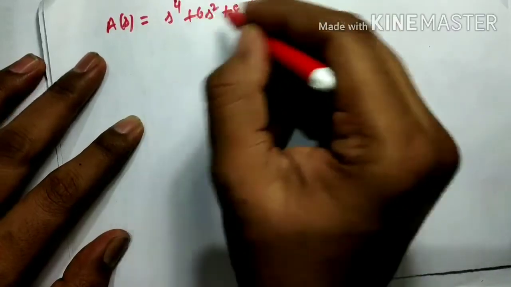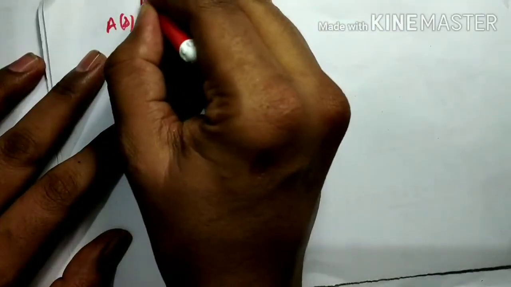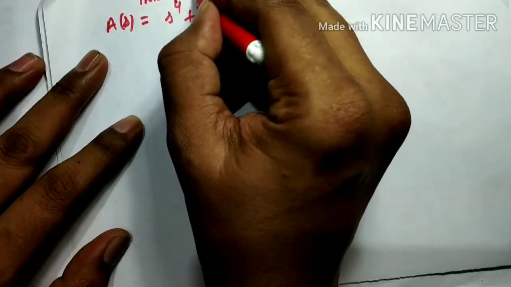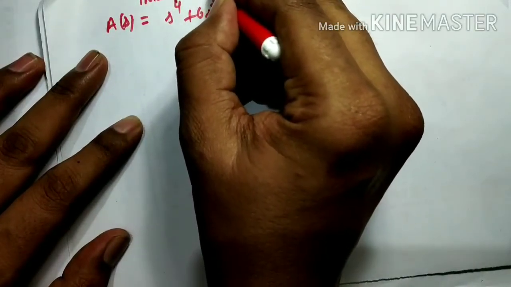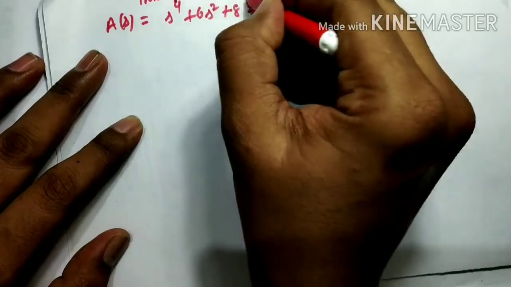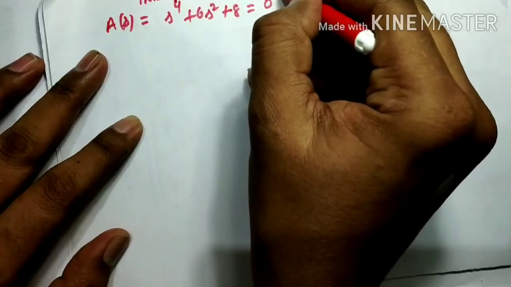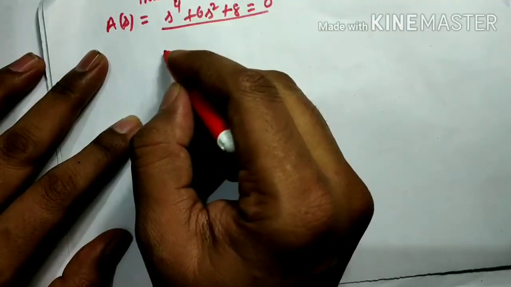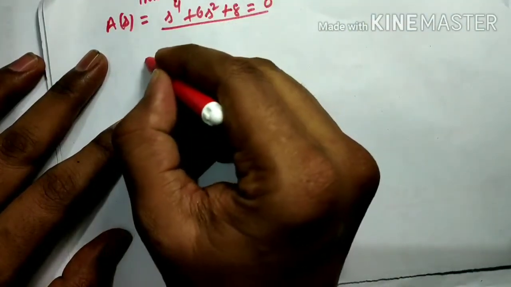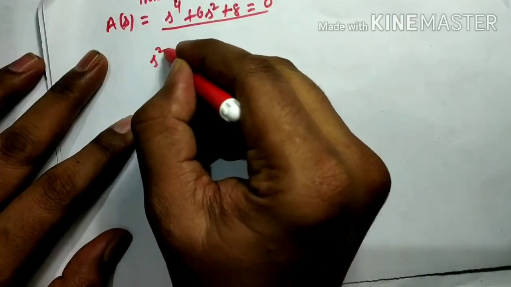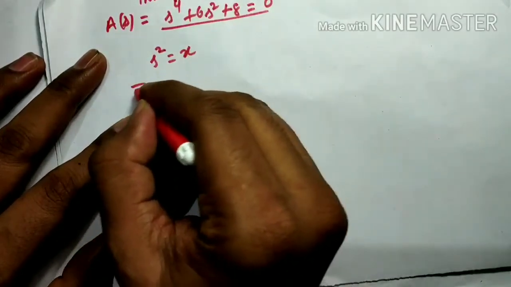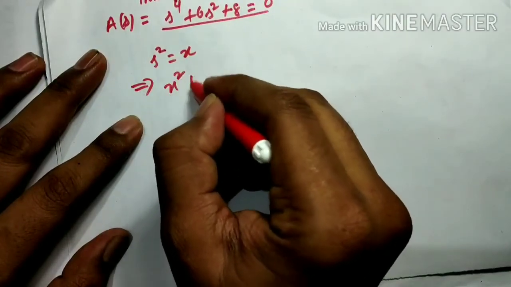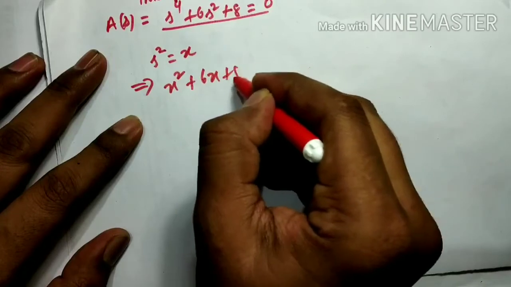This is the auxiliary polynomial equation. Now you have to find the roots for this. So I'm going to put s square equal to x, so it will be simple. Then this becomes x square plus 6x plus 8.